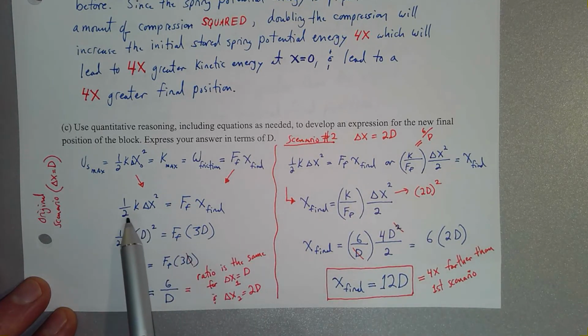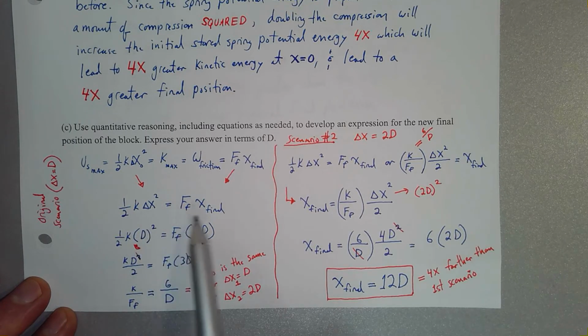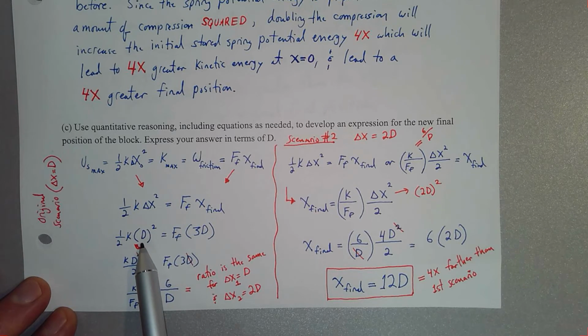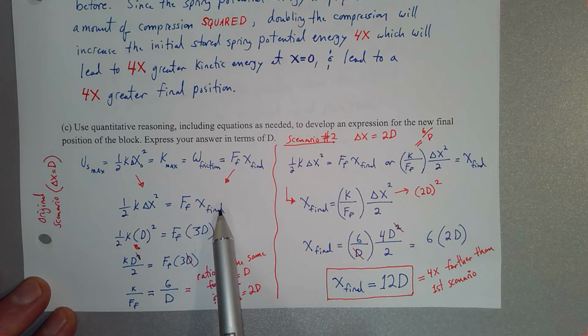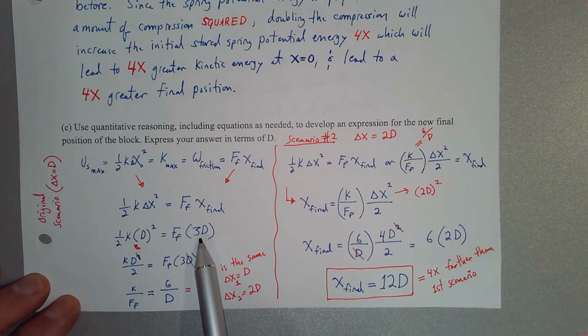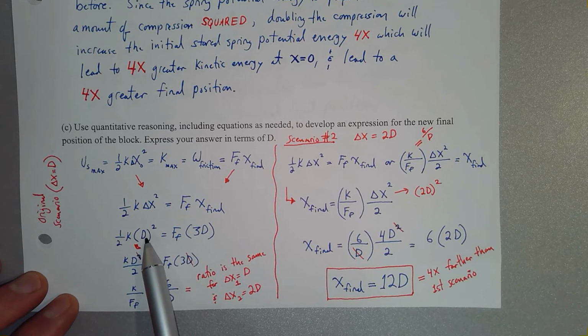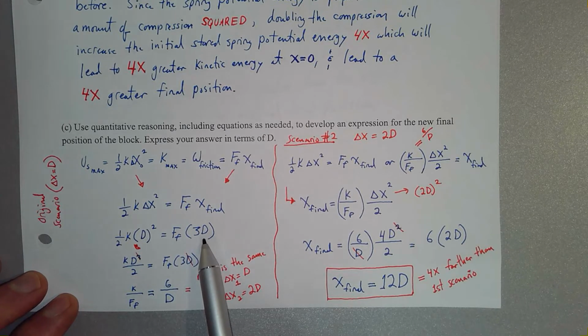So if we have 1/2 kx squared equals the force of friction times the final position, the original compression is just D, the final position the block reaches is 3 times D, right? So we know that when it's compressed an initial amount D, the block will reach a final position of 3D.